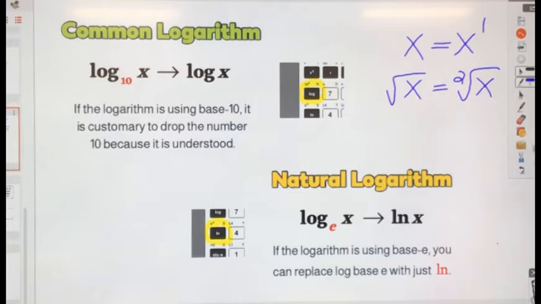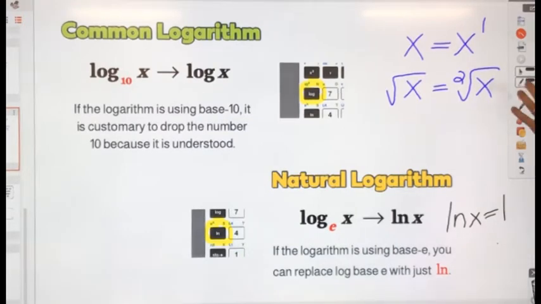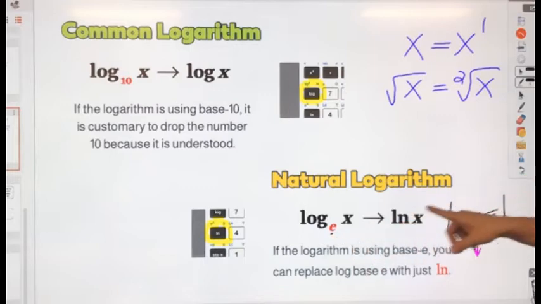So, if I were to ask you to convert ln x equals, let's just say 1, to exponential form, what's going to be my base? What's the base of ln of x? E, right?